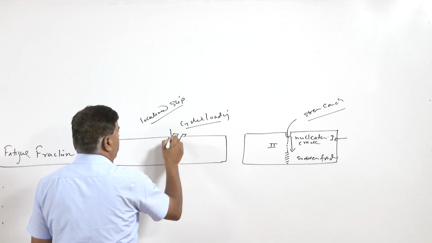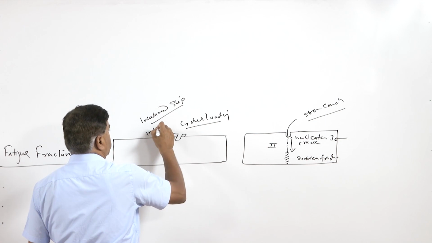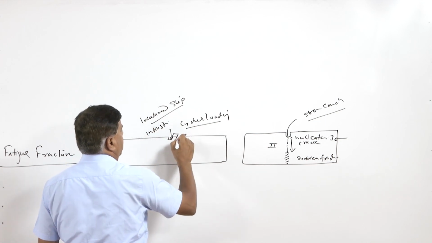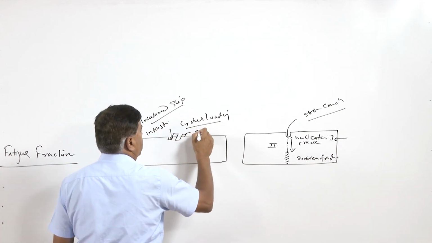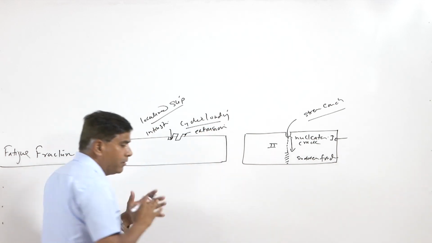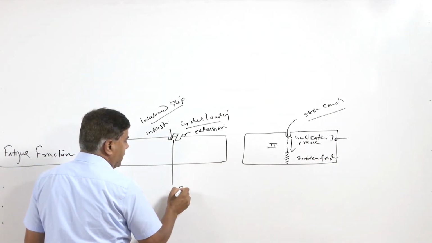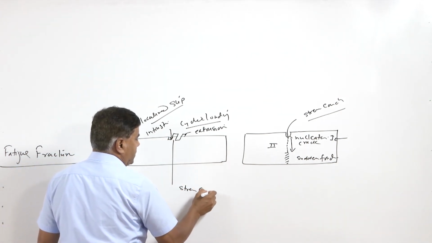The one which is below the surface is termed as intrusion, and the other one is termed as extrusion. In any case, these will be creating irregularities at the surface, and thereby causing an increase in the stress concentration.